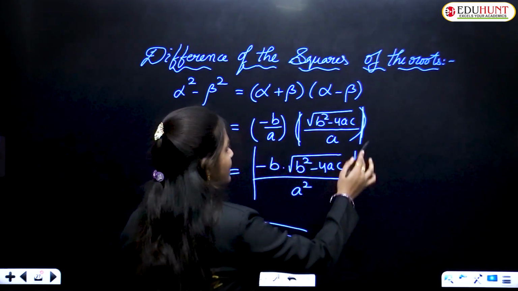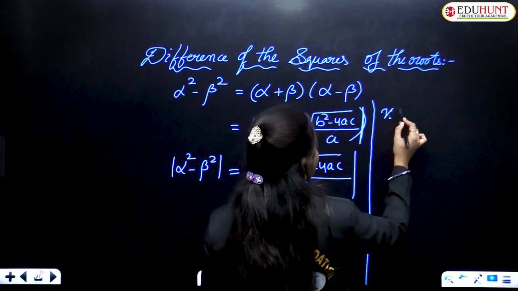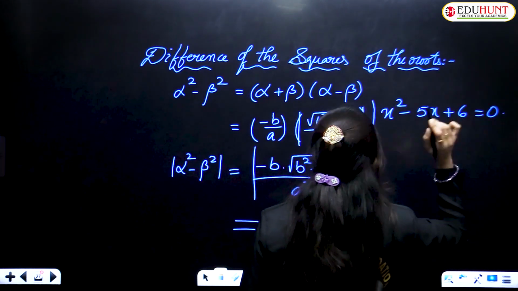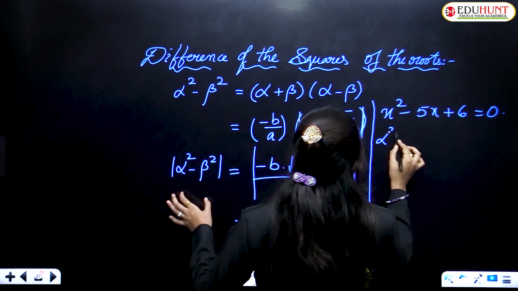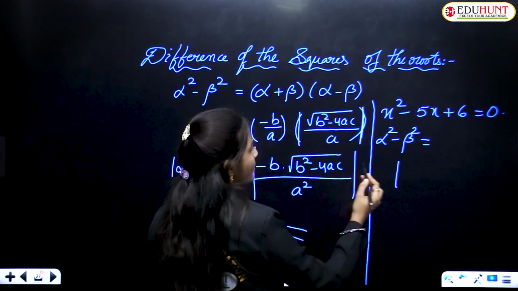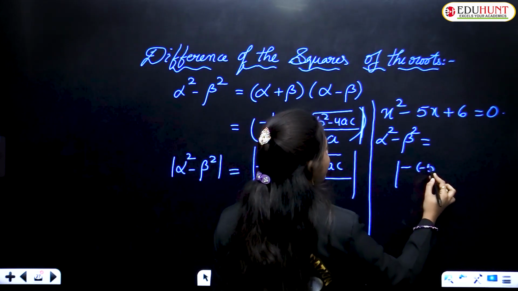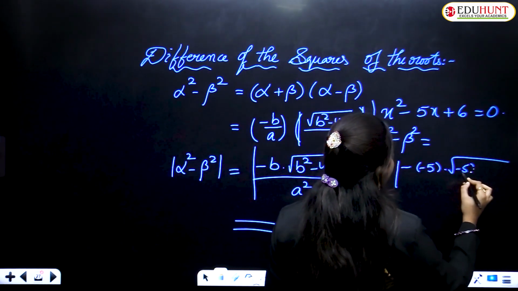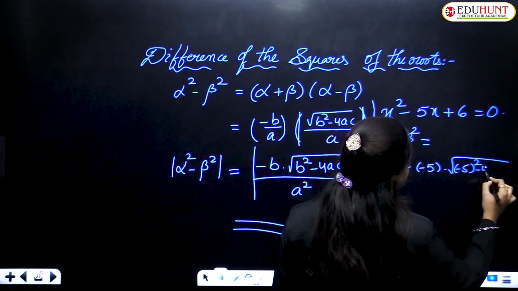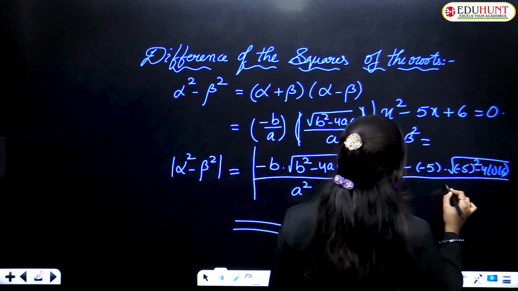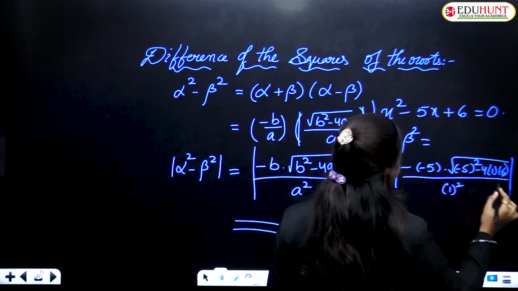Let us say x square minus 5x plus 6 is equal to 0. So here alpha square minus beta square equals modulus of minus b, which is minus of minus 5, into square root of minus 5 whole square minus 4 into 1 into 6, whole by a square, which is 1 square.